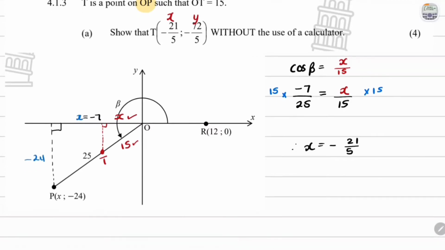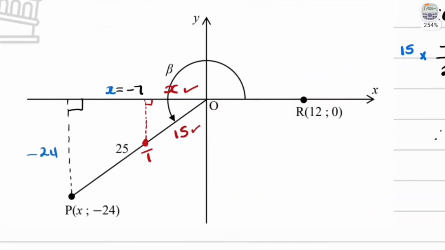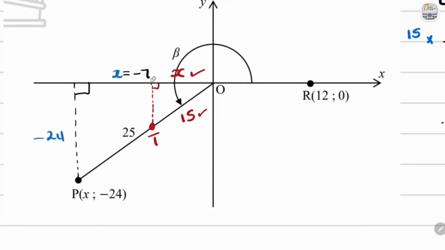Now to find the y value, you also have to think in the same direction. I'll just keep using that 15. To find the y value of this point, you have to think about it like this: in reference to your angle beta, y is opposite. You could use x this time because you already have x, but I'll just stick with using the hypotenuse, which is 15.